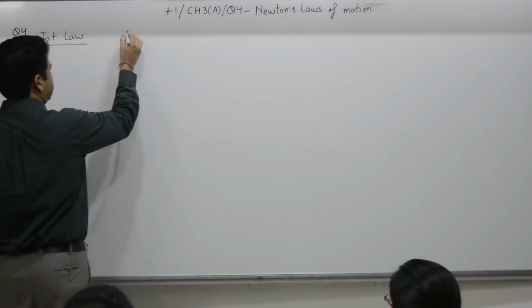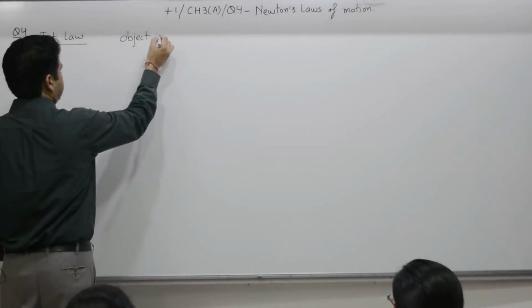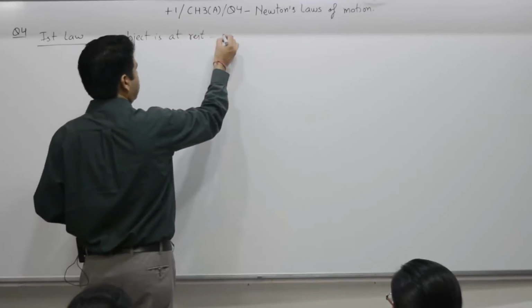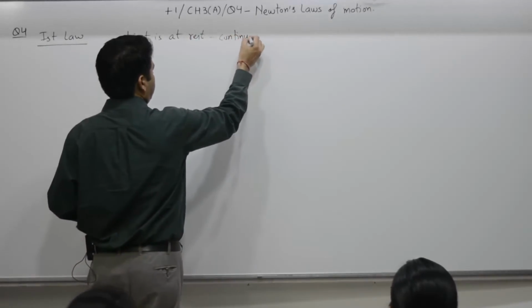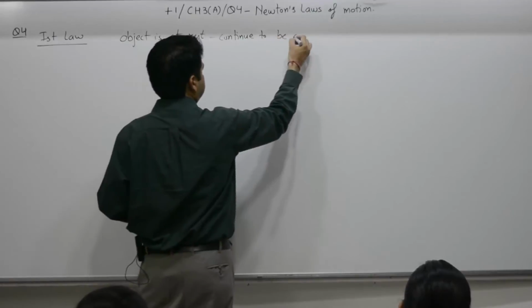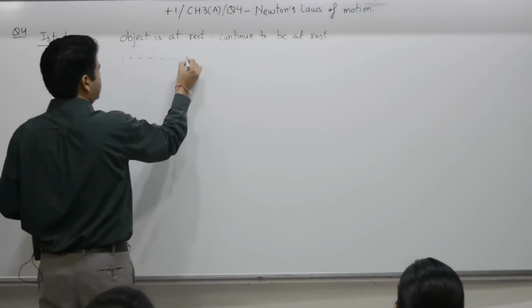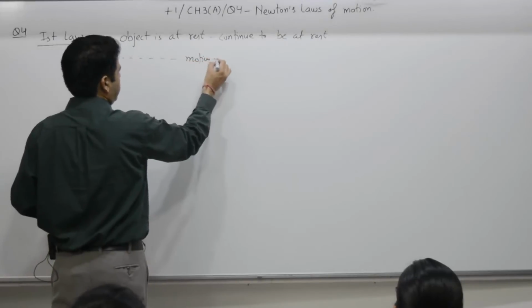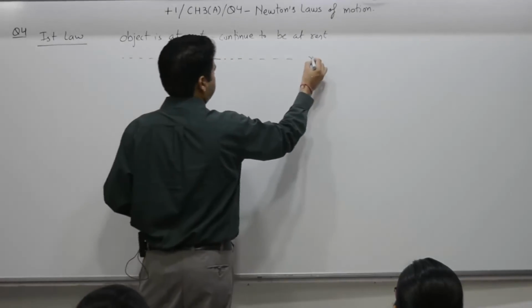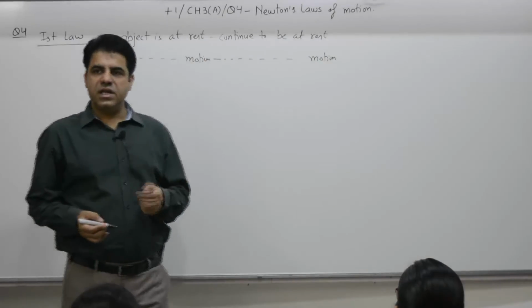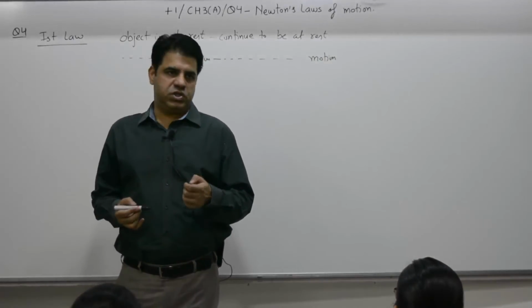If an object is at rest, it will continue to be at rest. If an object is in motion, it will continue to be in motion unless acted upon by an external agency, that is force.